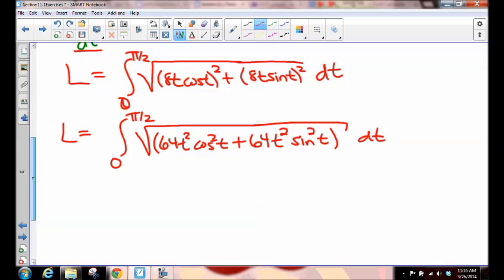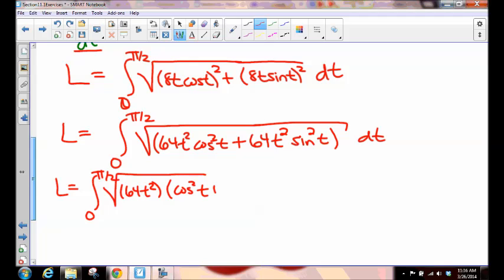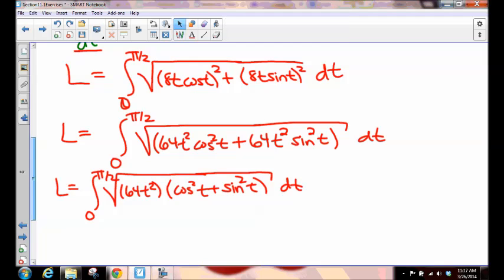And then I can factor out the 64t squared that's in every term. So I'm going to have the integral from 0 to pi over 2 of the square root of 64t squared times cosine squared t plus sine squared t times dt.